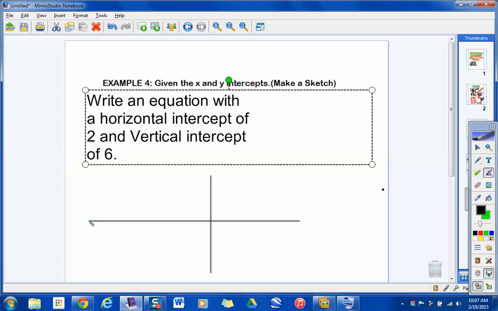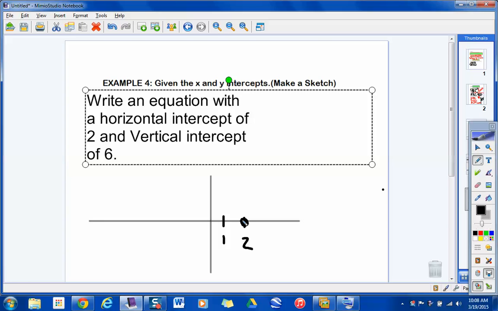You guys have your x-y axis drawn there? What's it say the horizontal intercept is? That means isn't this the horizontal axis right here? That would mean on the horizontal axis go to what value? 2. Ready? 1, 2. Right there, right? You guys agree with that? And then it says you got a vertical intercept of what? 6.